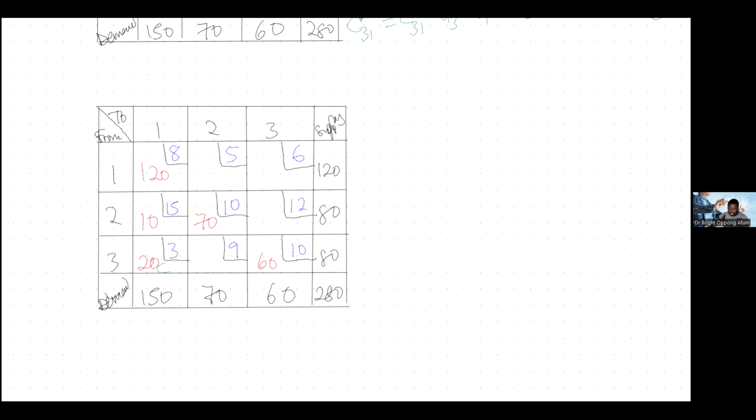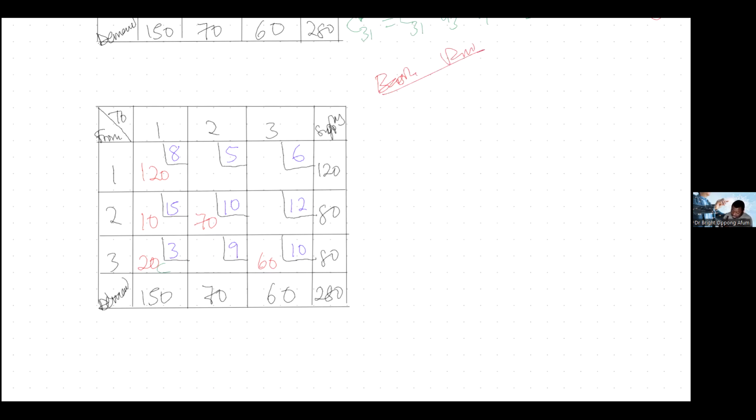All right, so now we have to again check for optimality by checking the various occupied cells. We check the various occupied cells as we did before by evaluating all the basic variables, or the occupied cells.